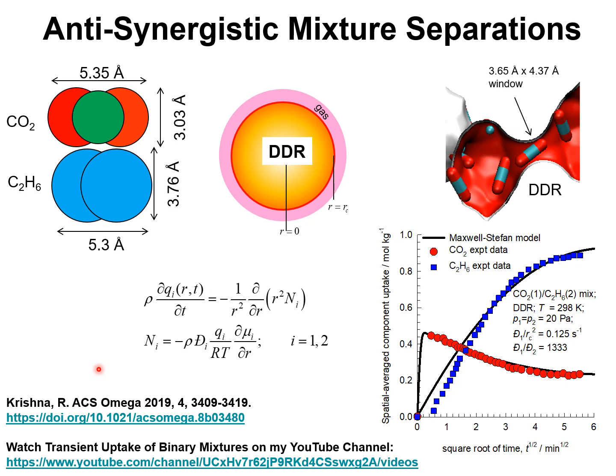For a feed mixture, say 50-50 CO2/C2H6, we would like to recover purified C2H6 in the adsorption phase. In other words, we would like the pores to selectively take up the more mobile component. So we need to achieve or realize kinetic separations.